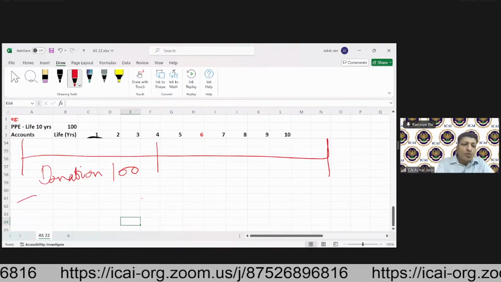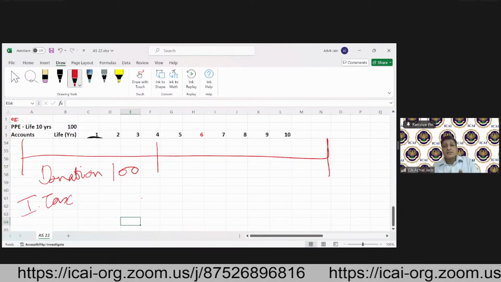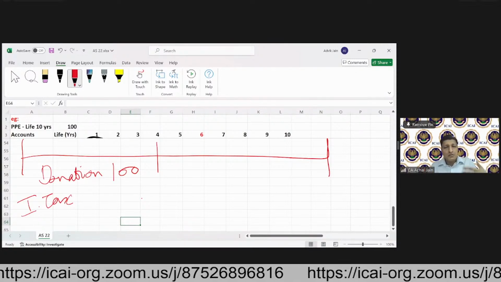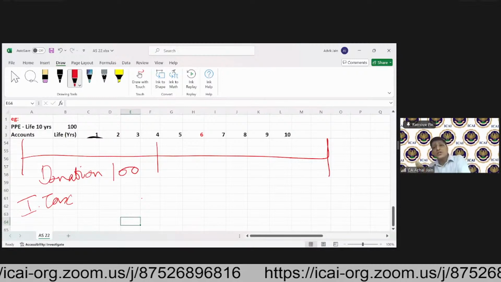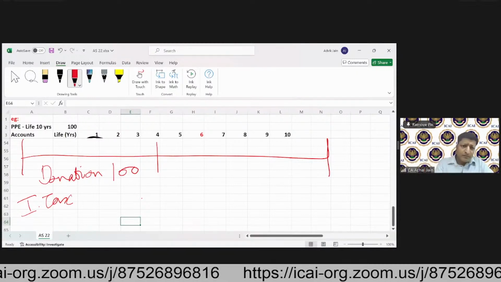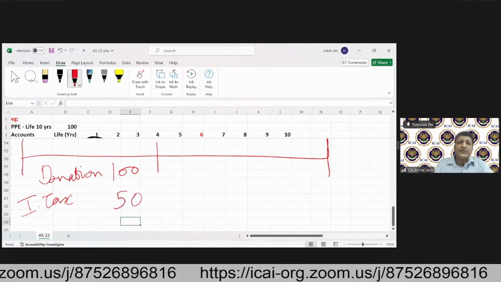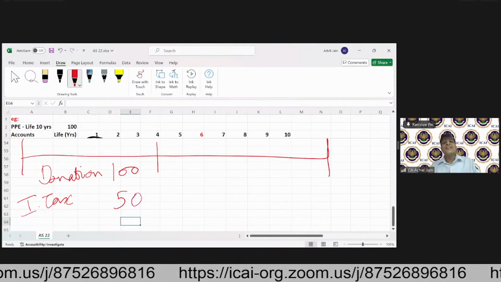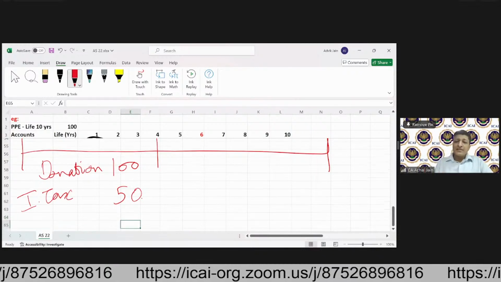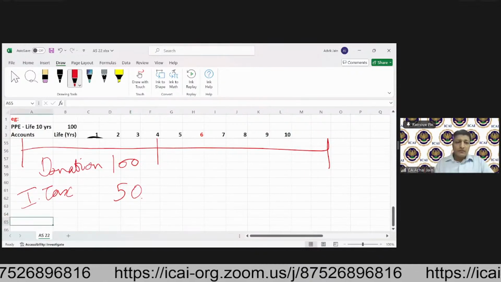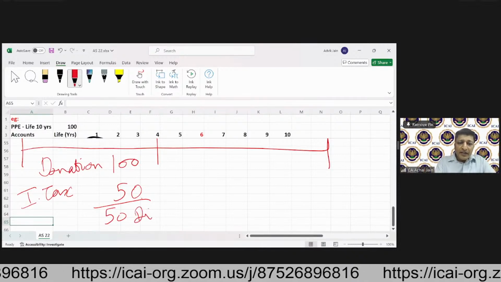The answer is no. In the current year, income tax has some rules on the basis of which they will consider the amount of donation to be allowed. Let's suppose, only hypothetically, they consider only 50. So 50 is the amount they have allowed, and the remaining 50 they have disallowed in the current year.